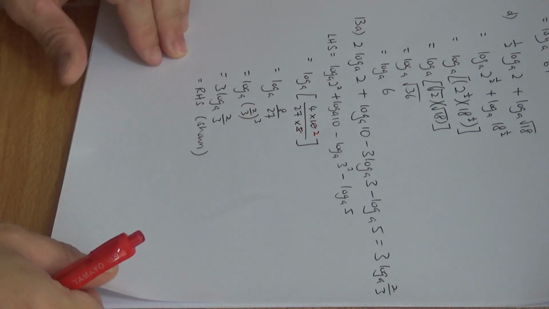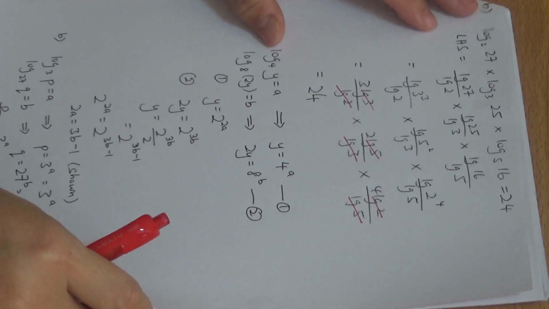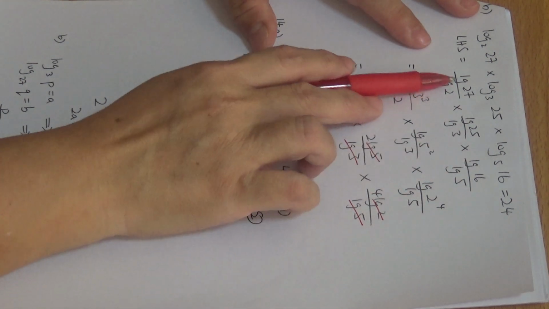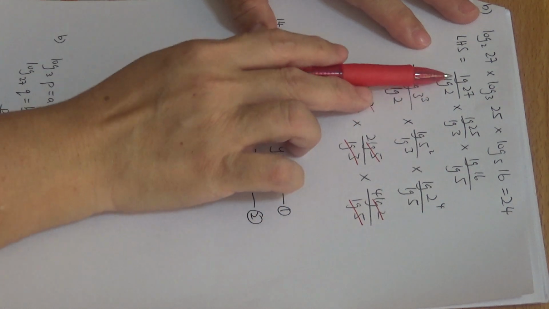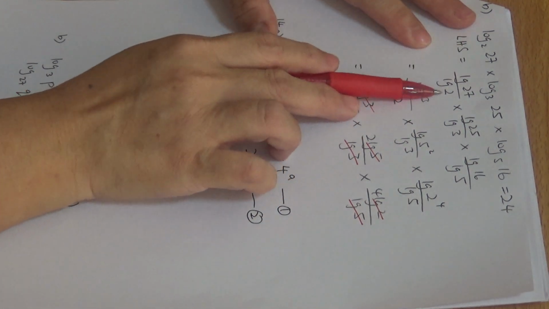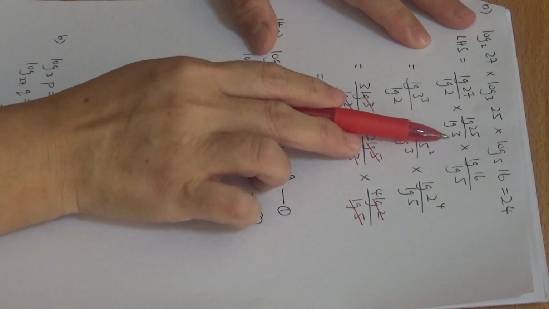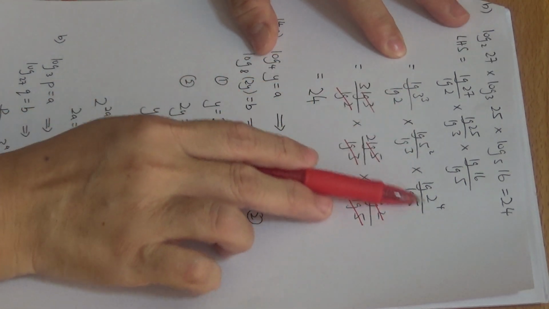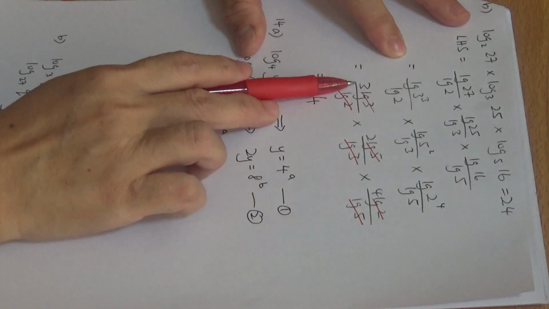Now I'm moving on to 13b. Now 13b, as you can see, all the bases are different. If all the bases are different, you change it to the same base, log, or ln also can. Now log 27, log 2, same base, top, bottom. Then I'm going to put it in terms of the powers, so that I can bring the powers down.